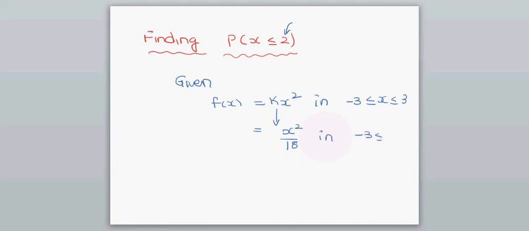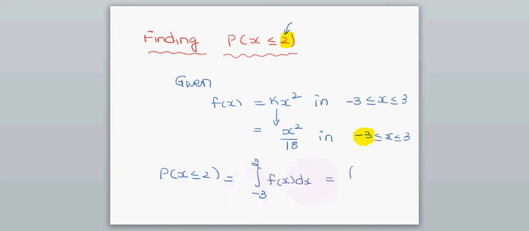Now we have to evaluate x less than or equal to 2. So the lower limit from the given range becomes -3. The lower limit for the integral is -3, and the upper limit we are expecting is up to 2. So you can write probability of x less than or equal to 2 as nothing but the integral from -3 to +2 of f(x) dx.